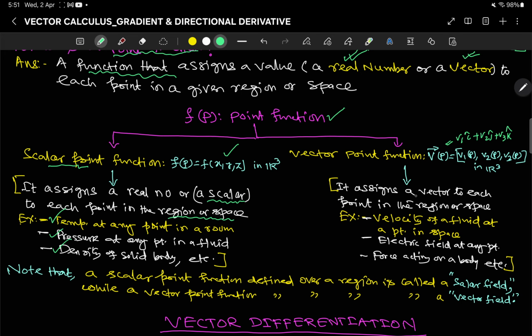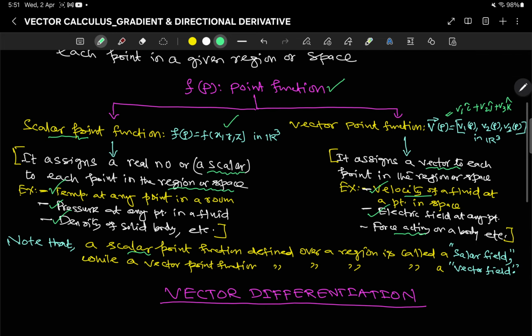Similarly, the vector point function assigns a vector to each point in the space or in the given region. For example, the velocity of a fluid at a point in space, the electric field at any point, the force acting on a body, etc. are examples of vector point functions. Now the scalar point function and the vector point function define fields.